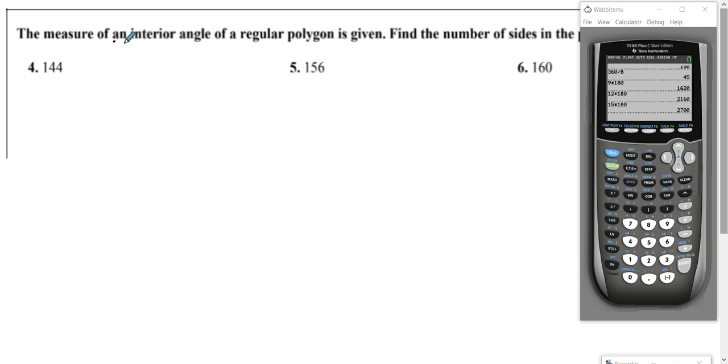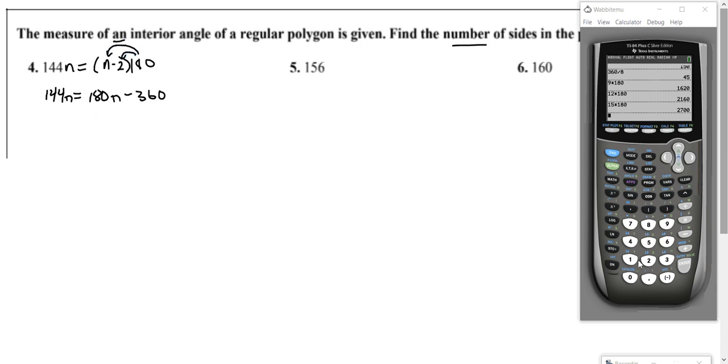Measure of an interior angle of a regular polygon is given. Find the number of sides. This is the one where we put the n next to this, each angle, right? Equals n minus 2 times 180. So 144n equals 180n minus 360 because I distributed the 180.